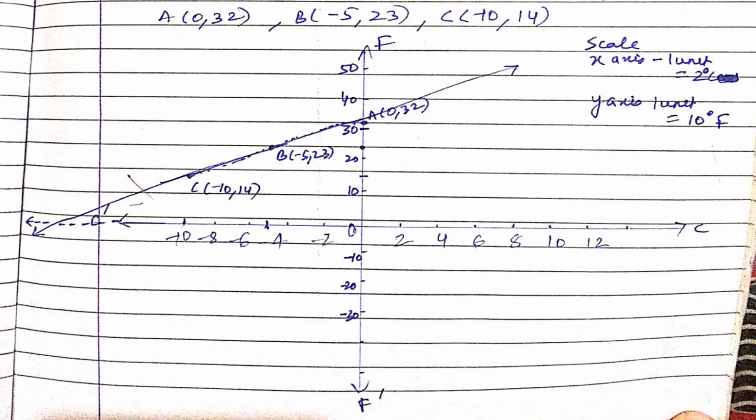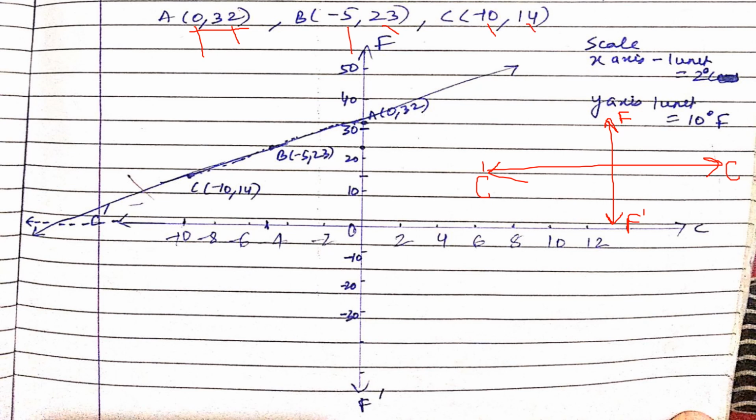First of all, you will draw a number line as usual. This time we have taken x as Celsius, so we'll write C, C dash, and F, F dash. I guess it is clear to you. Now we take the scale as per the quantities we have. You can see here the quantities are 0, 32, minus 5, 23, minus 10, 14.